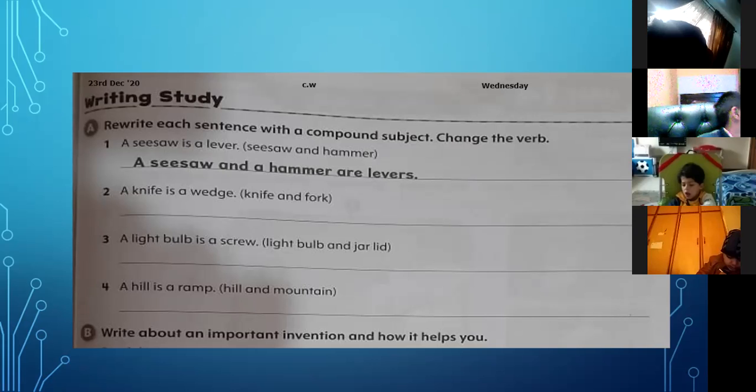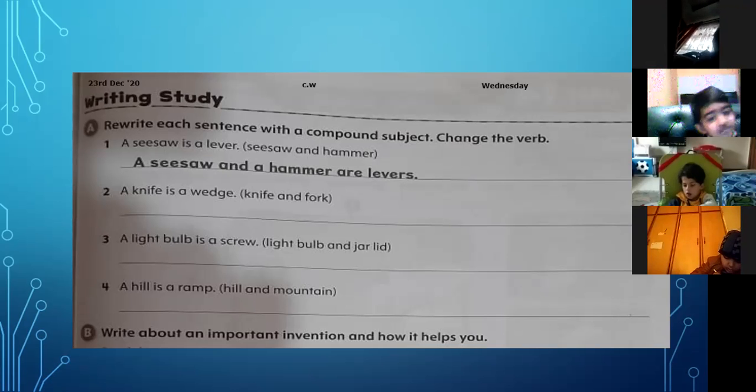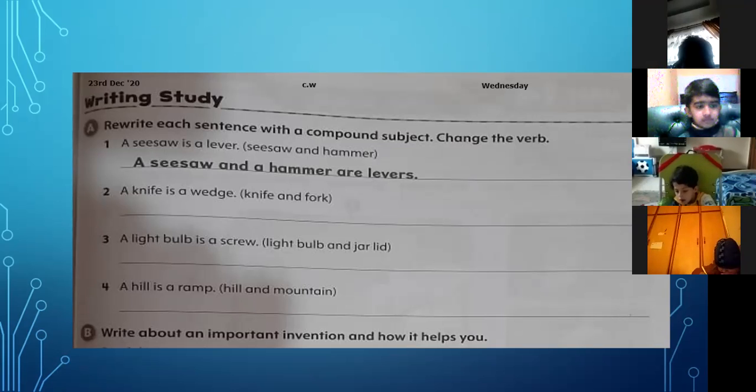Okay, class. So over here, you have to rewrite each sentence with a compound subject and you have to change the verb as well. Of course, when the subject will be a compound subject, more than one, then the verb will be changed as well. When we talk about plural subjects, then the verb will be plural too.